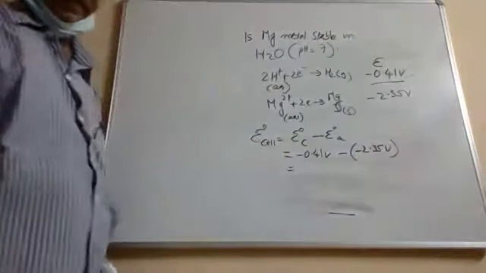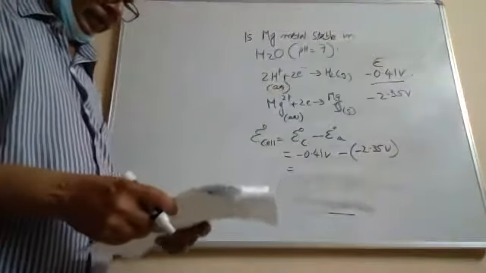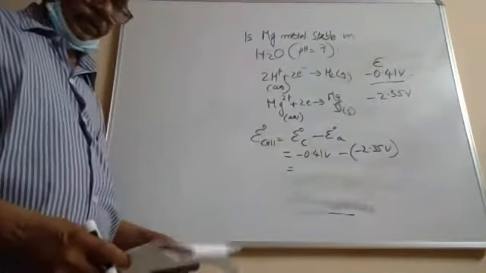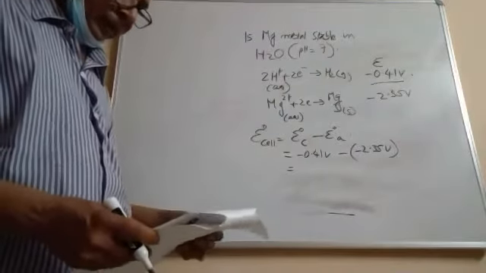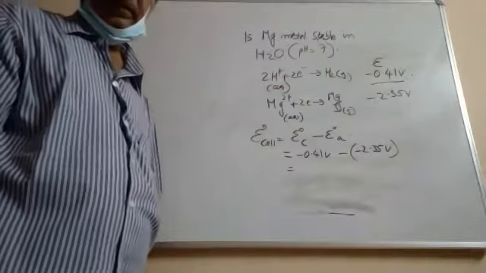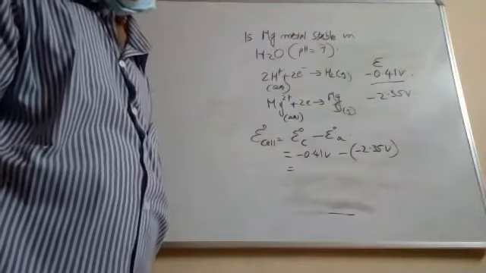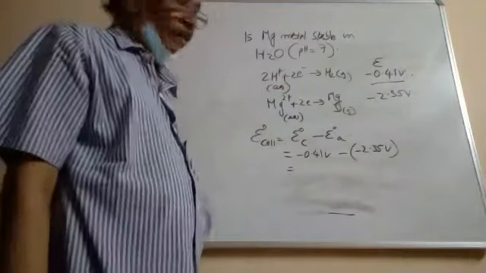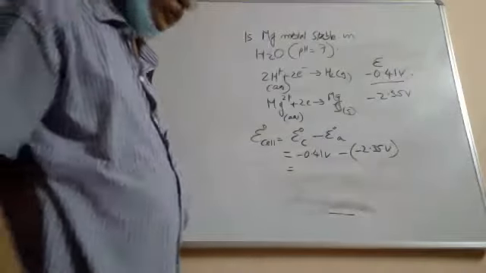So what do we get here? What's the value? Those of you with a quick calculator can do this. That's 1.94 volts. That's correct.